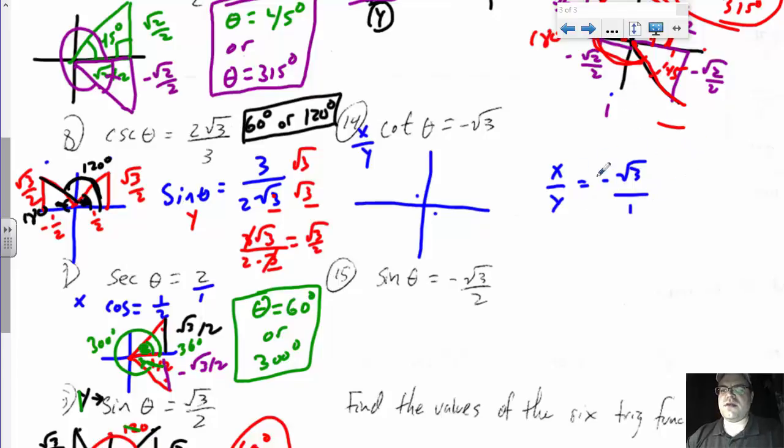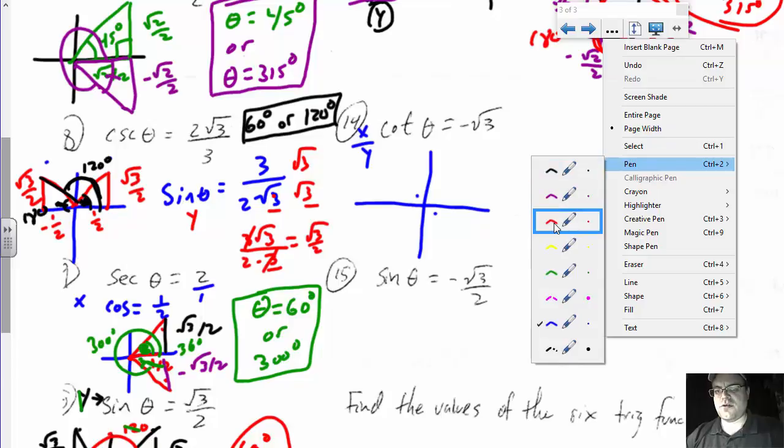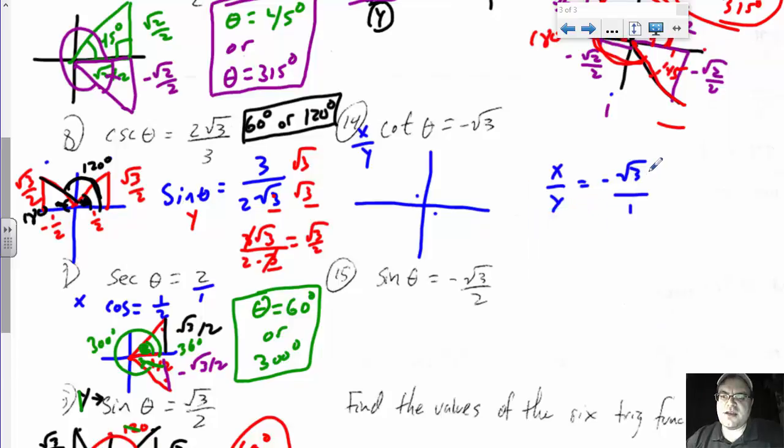I don't know this x value as a side of one of my special triangles, and I don't know that 1 is a side that I know either from my special triangles for the unit circle. But imagine if I were to divide the top and bottom by 2. That doesn't really change the answer because I'm doing the same thing at the top and the bottom.